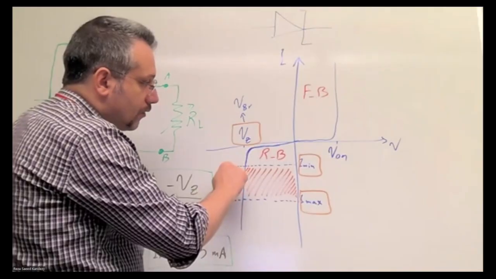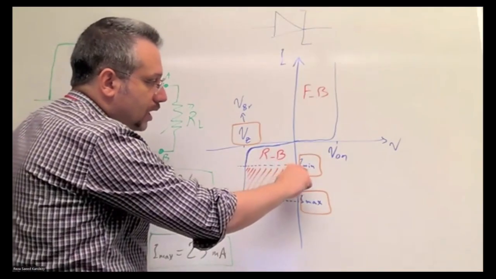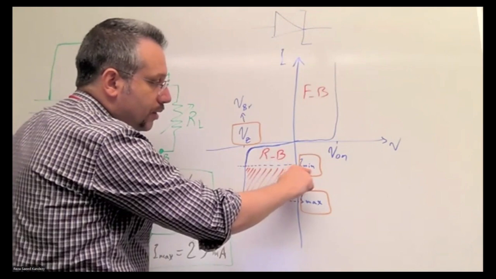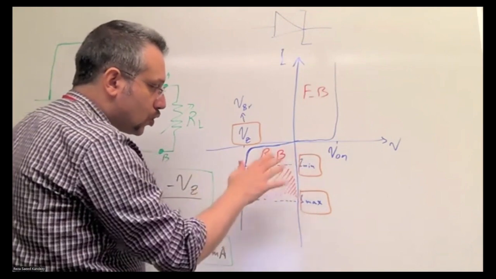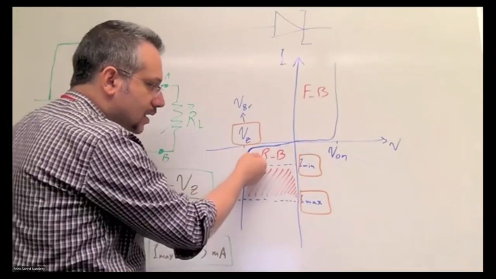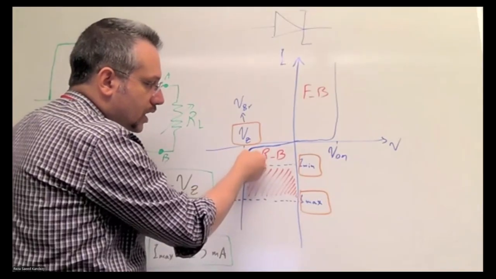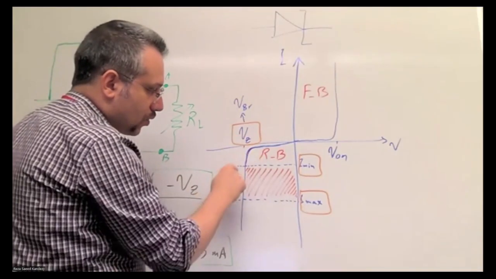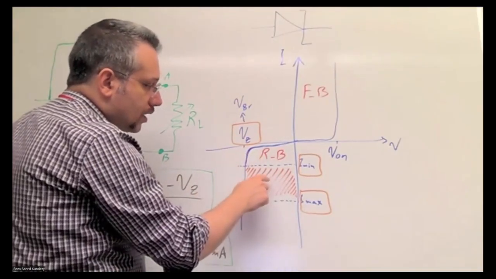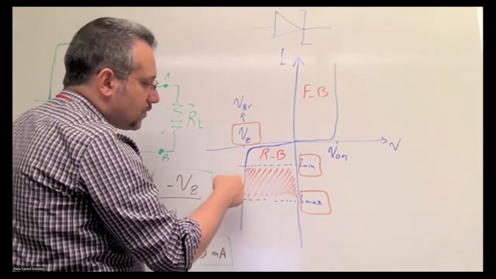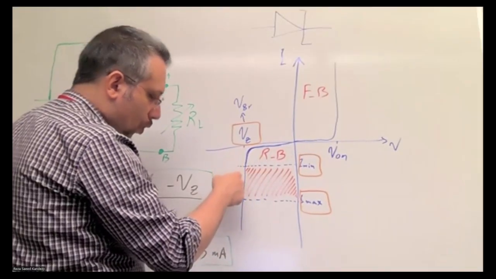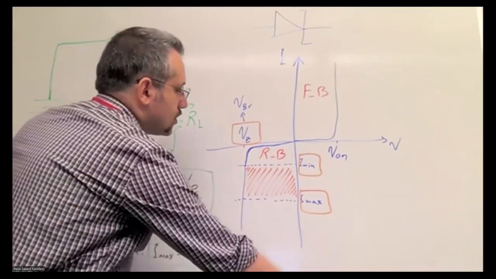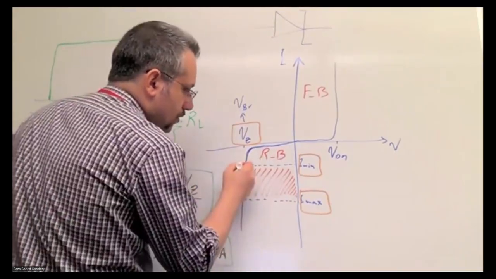So we want to define a minimum current, and the minimum current is the current at which we make sure that we have already passed that exponential curve or knee in the IV characteristics. So the region that we want to work in, okay, is this region.